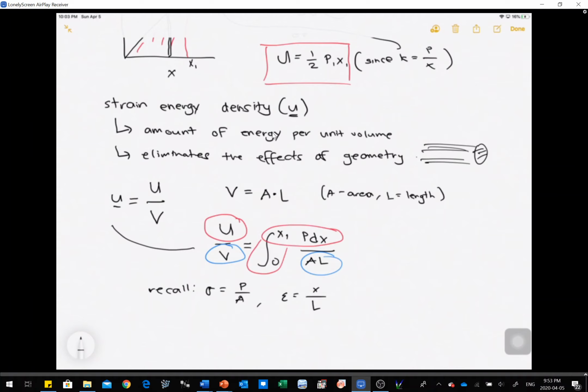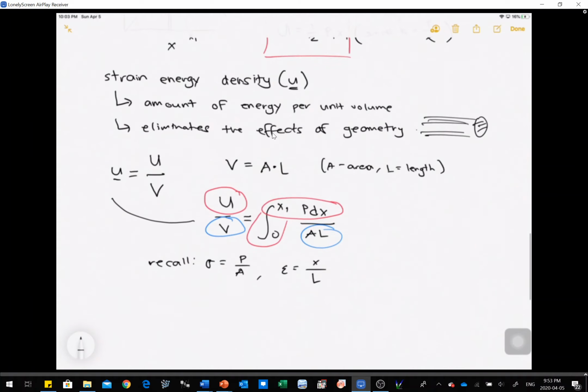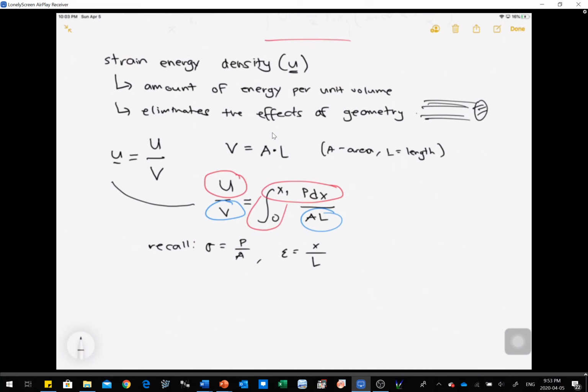Now moving on, we have the equation for stress and the equation for strain, so now we can simplify our equation. Now that's your strain energy density small u, capital U divided by V, and that's equal to the integral from 0 to a certain amount of strain, epsilon sub 1.